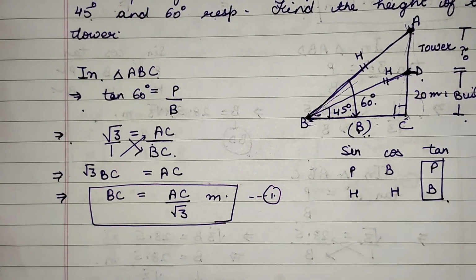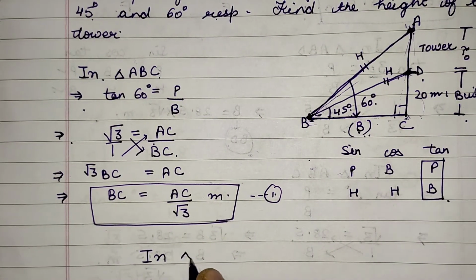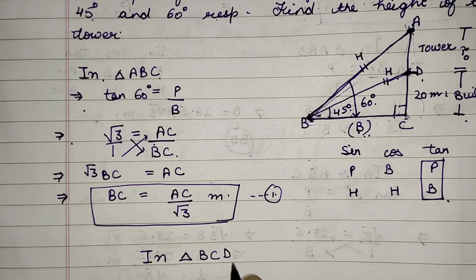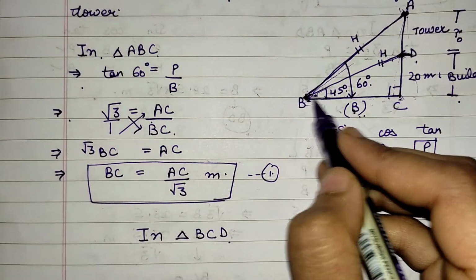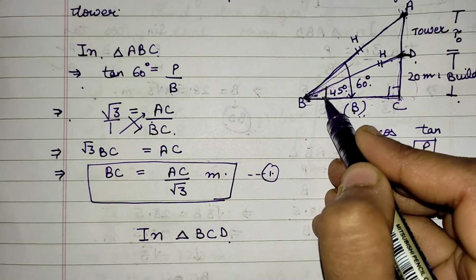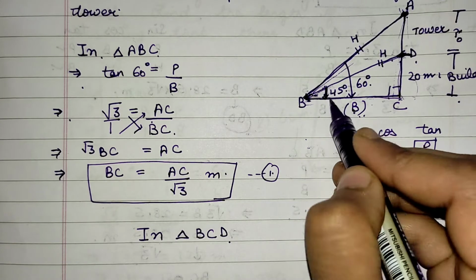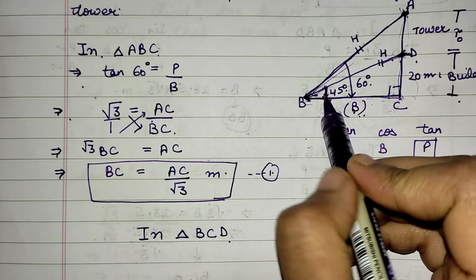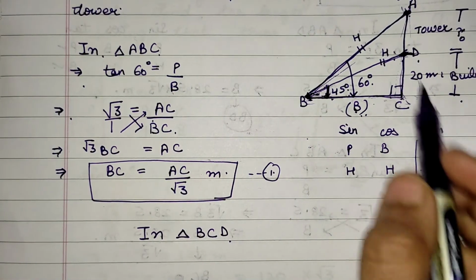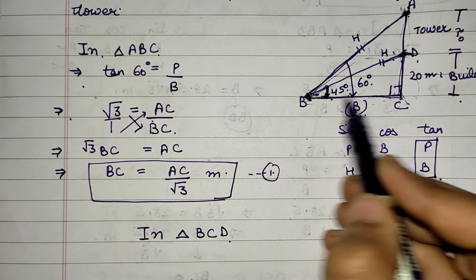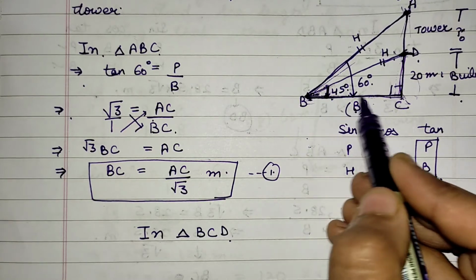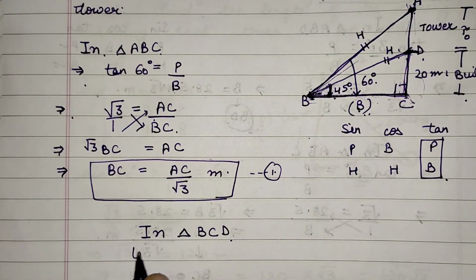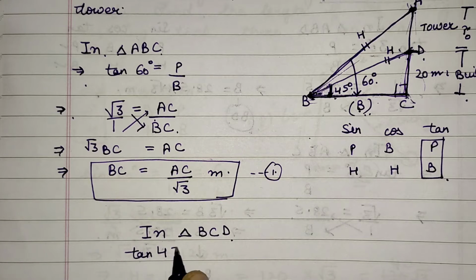Then in another triangle, in triangle BCD, this smaller one, in which the angle of elevation is given to us equal to 45 degree. In this triangle again, I know the perpendicular and I have to find out this base. So which trigonometric ratio can I use? I can use the tan.